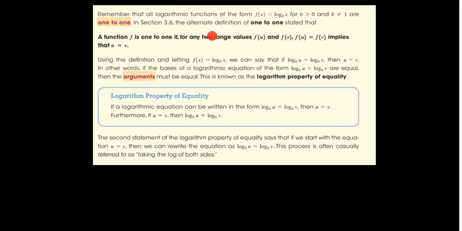If we use this definition, this logarithmic property says that if we have 2 logs with the exact same base, then in order to solve the equation, all you have to do is equate the 2 arguments to one another because it is a 1-to-1 function. That's all that's saying.